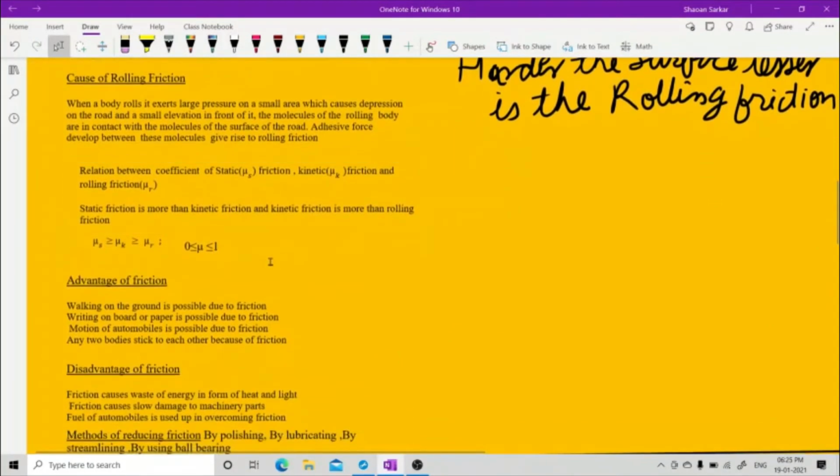Now note one thing. The value of coefficient of friction is always between 0 and 1. This is the static friction. mu s is the coefficient of static friction.